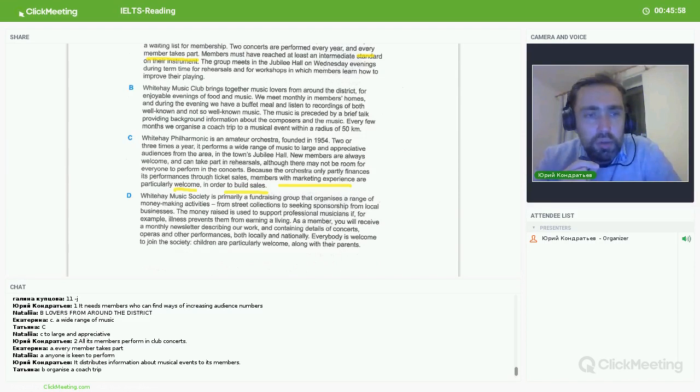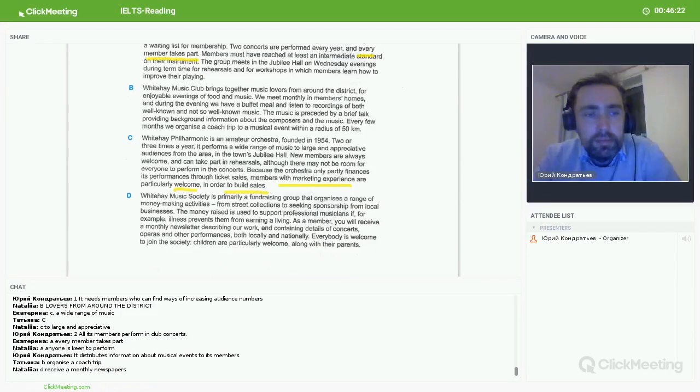Number B, organize a coach trip. You don't send information about musical events. You just organize a coach trip. It's different. And it's not the correct answer. Okay, receive a monthly newsletter.